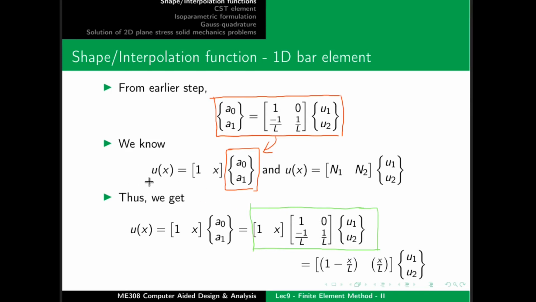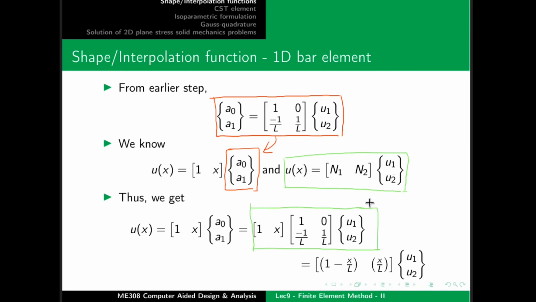And we also have an expression for the displacement function in terms of shape functions. If we compare these two equations, both are u of x, so we can see that this matrix here is u1 u2, the matrix of nodal degrees of freedom.